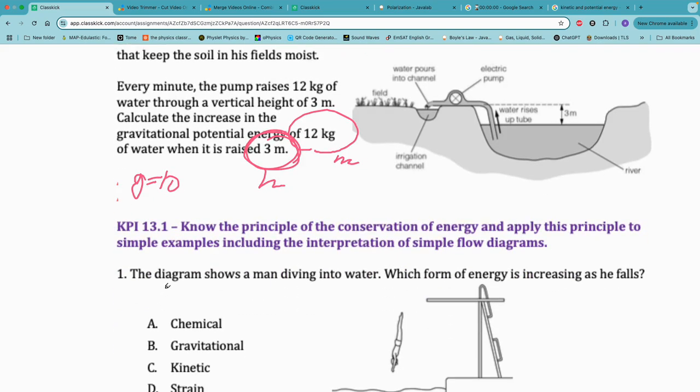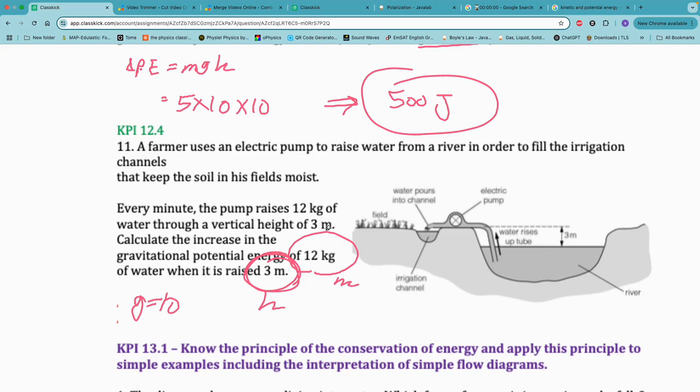So we need to calculate gravitational potential energy, mgh, straightforward, 12 times 3 times 10.